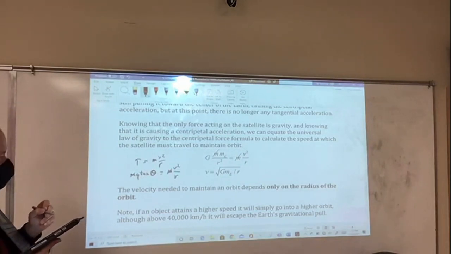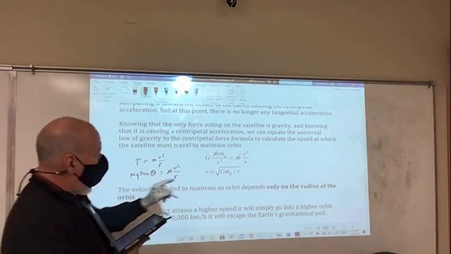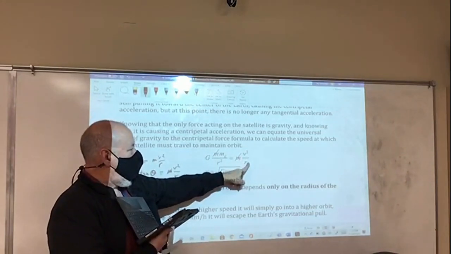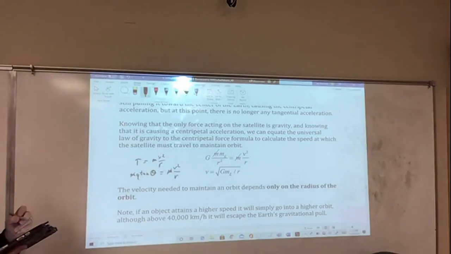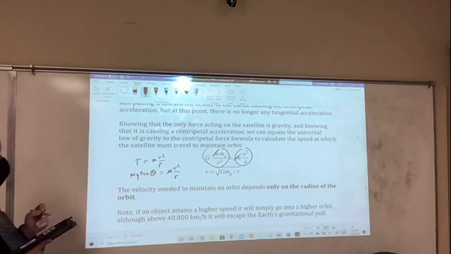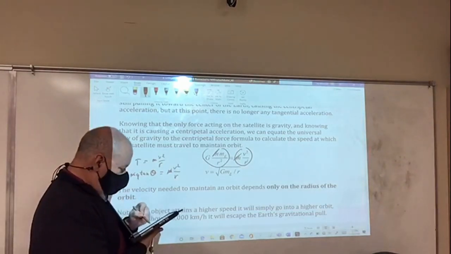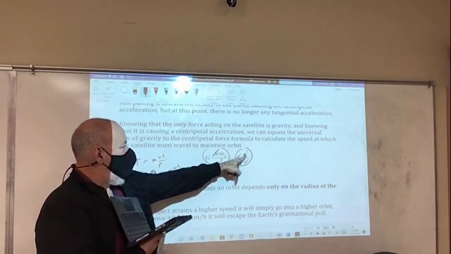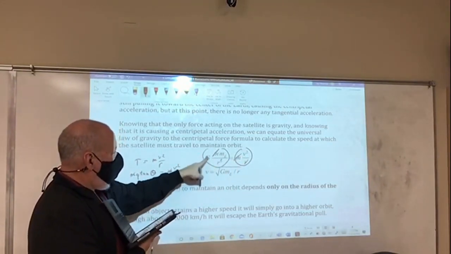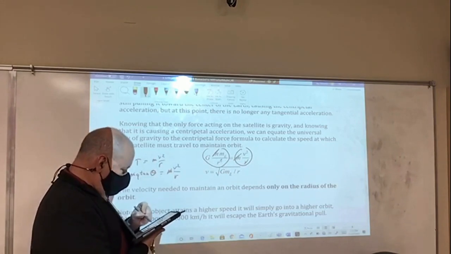And so if I want to find out what the velocity of a satellite is at a certain radius, I can equate gravity to my centripetal force formula. The mass that's being pulled on cancels out, and then all I need to do is also cancel out the r and the square there, and then I can see that this whole thing needs to be square rooted.